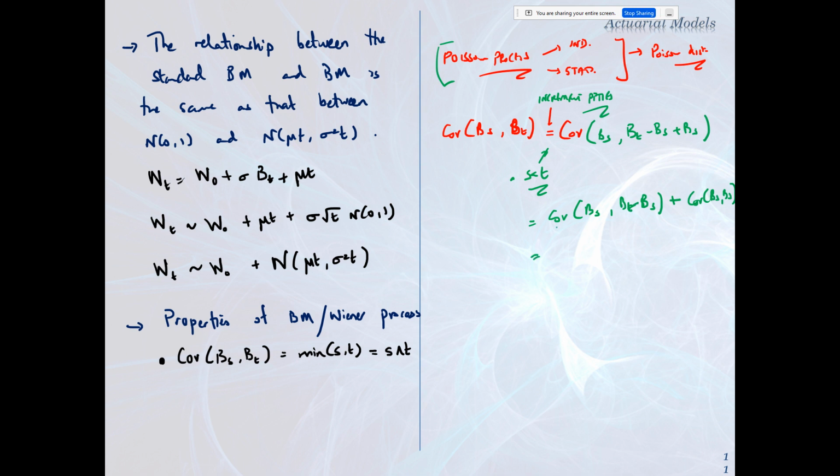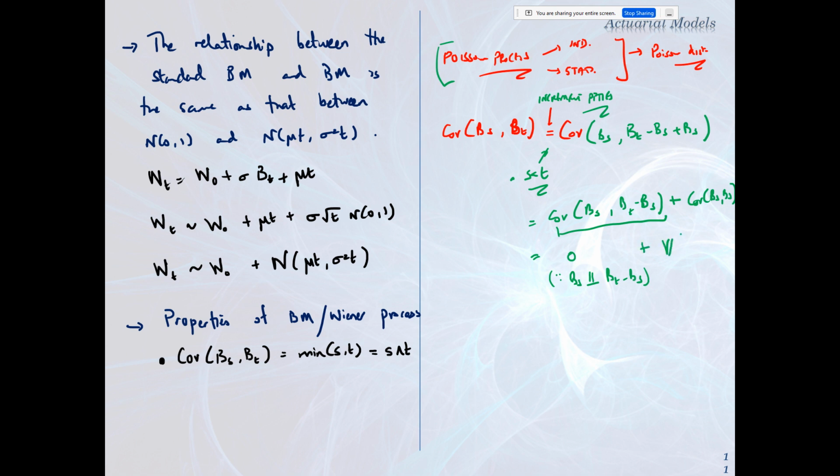So what is the covariance of BS and BT minus BS? It will be 0, because due to the increment property, we have that BS is independent of BT minus BS.